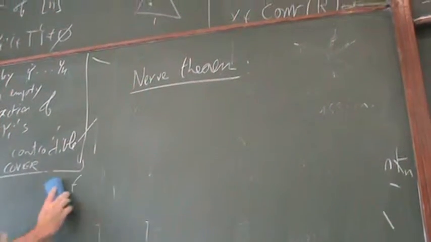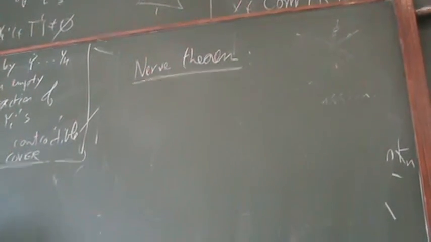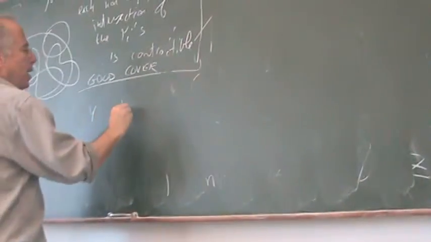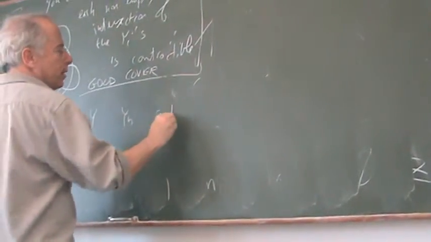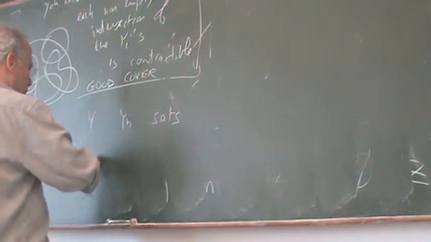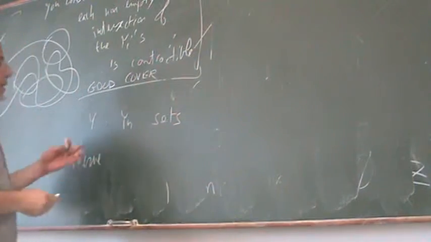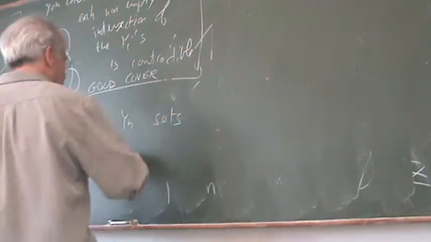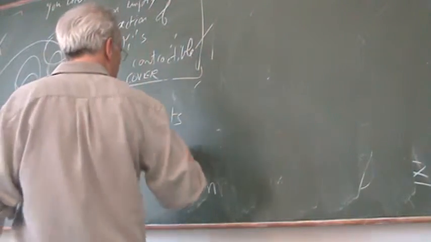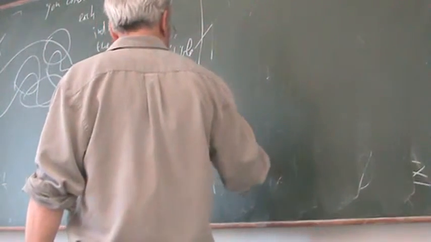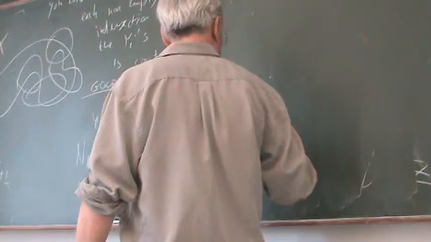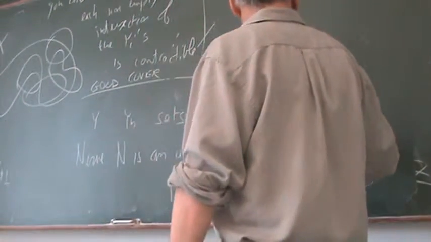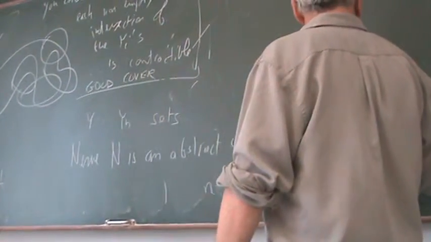If Y1 up to Yn are sets, the nerve of this system of sets, the nerve N, is an abstract simplicial complex on 1 up to n.